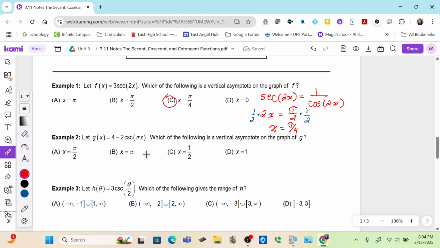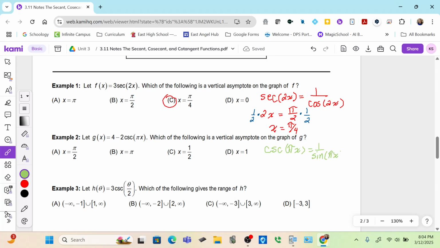For example 2, we've got cosecant. So think of cosecant of pi x as being equal to 1 over sine of pi x.